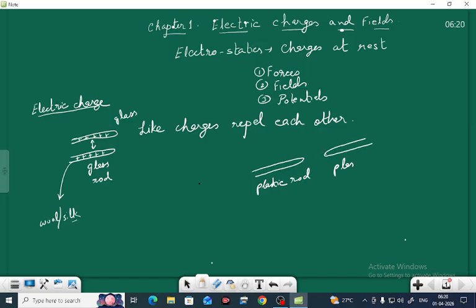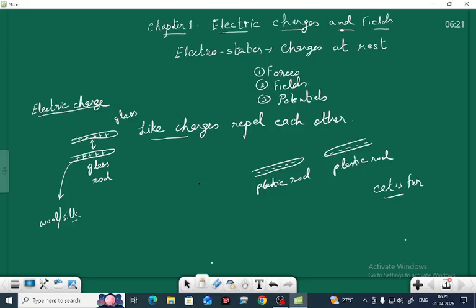If we rub them with cat's fur, the plastic rod will change into negative. Here also, the plastic rod gains negatively charged particles when we rub it with cat's fur. Since both are negative, they will repel each other. So we can say that like charges repel each other.